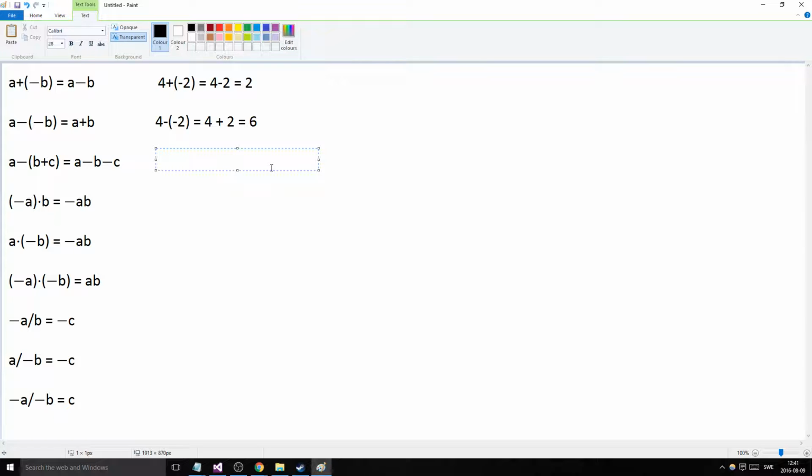So this is a little more interesting here. Since we talked about priorities last time, let's say 4 minus (2 plus 2) equals. So what is this going to give us? Well, as we said last time with priorities, we have to calculate the parentheses first, right? They have the top priority.